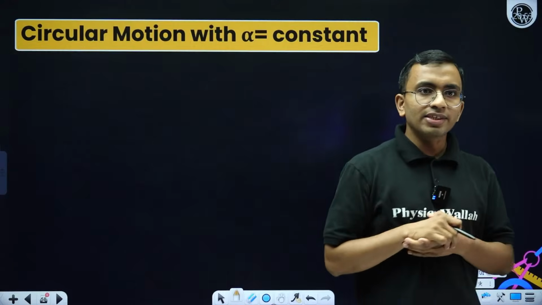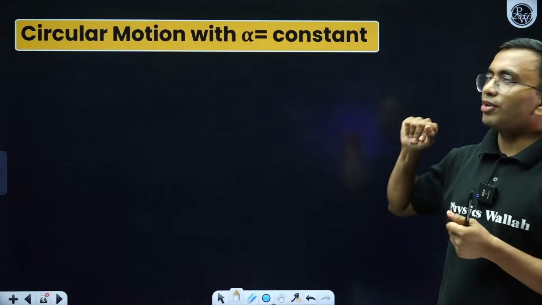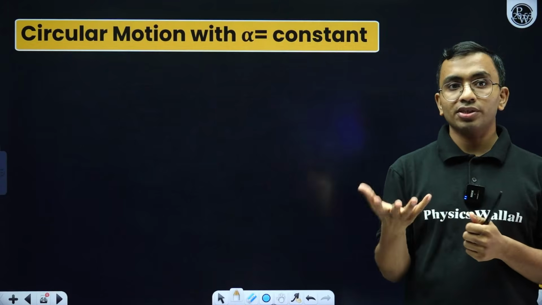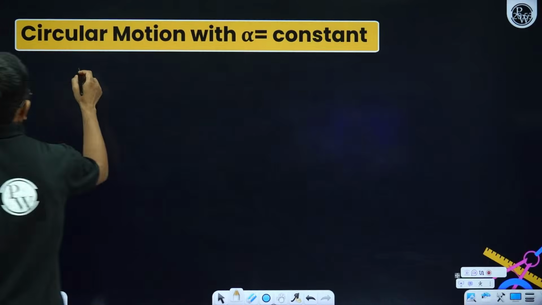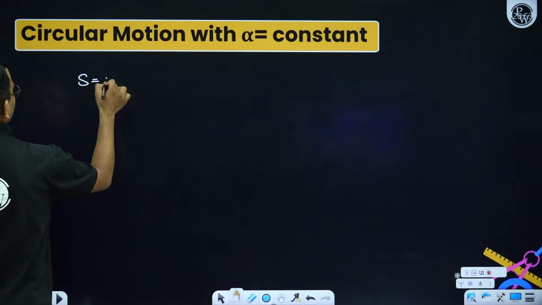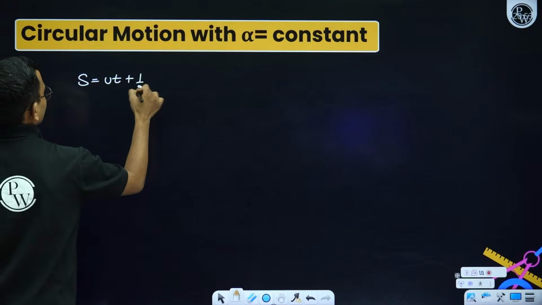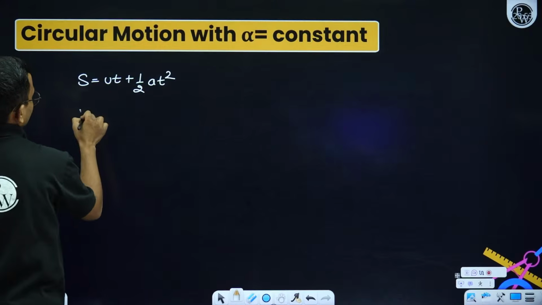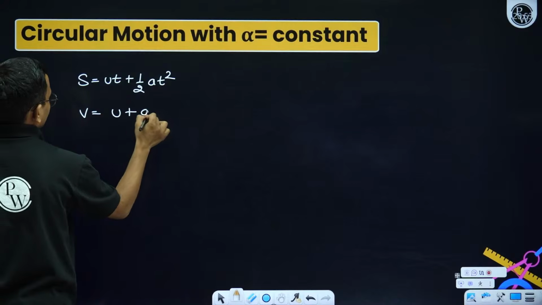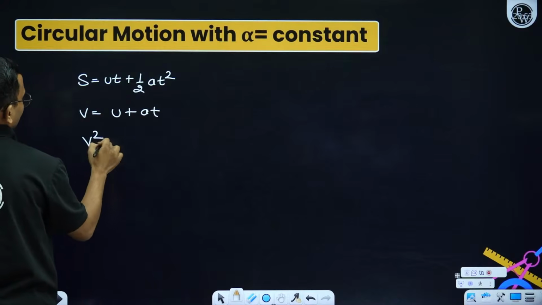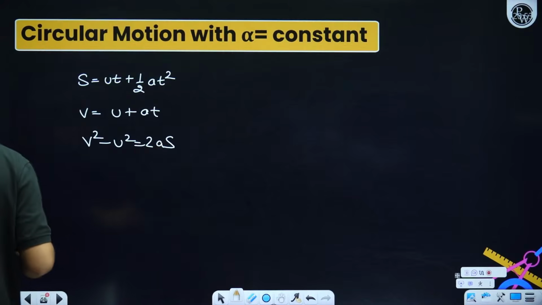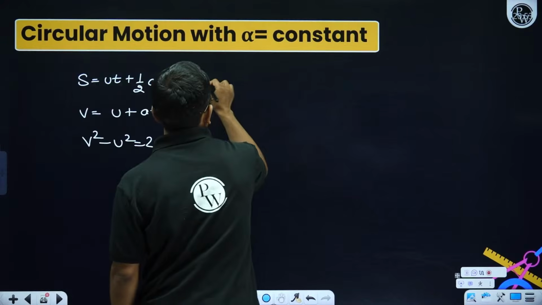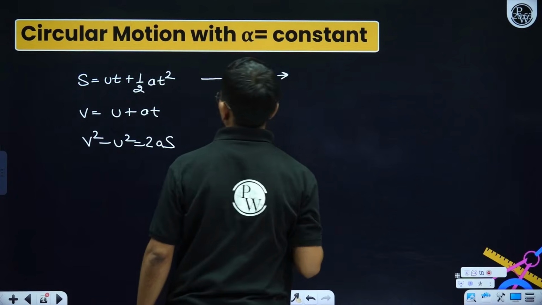Now let us consider the case when alpha is equal to constant. Alpha is angular acceleration. If acceleration is constant, we know the three formulas for linear motion: s = ut + half at square, v = u + at, and v square minus u square = 2as. Now when alpha is constant, you can write these three formulas in the circular world.